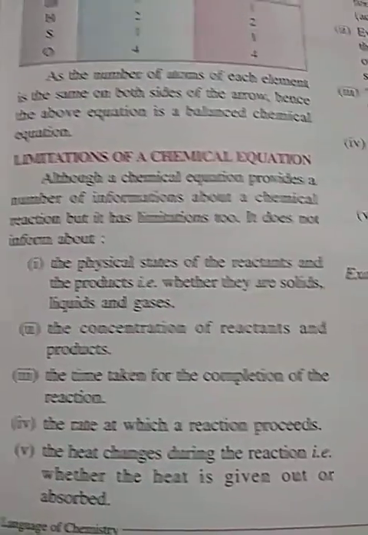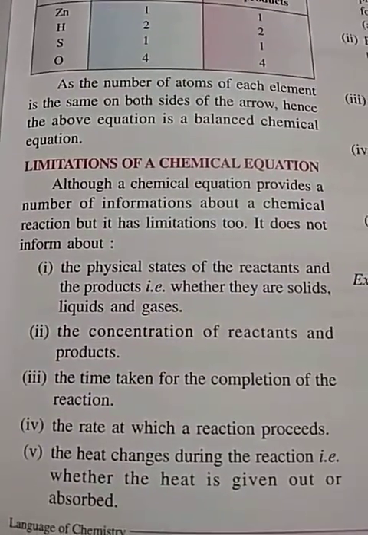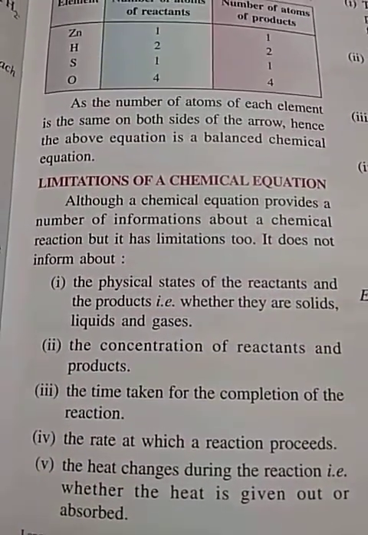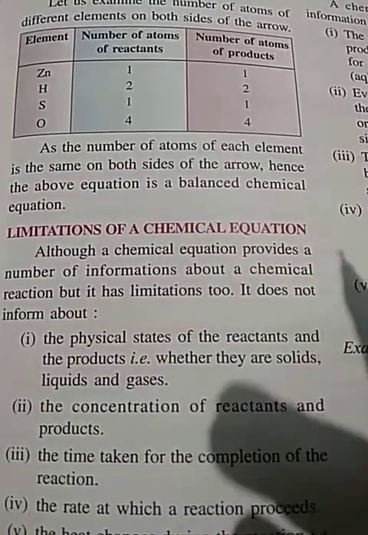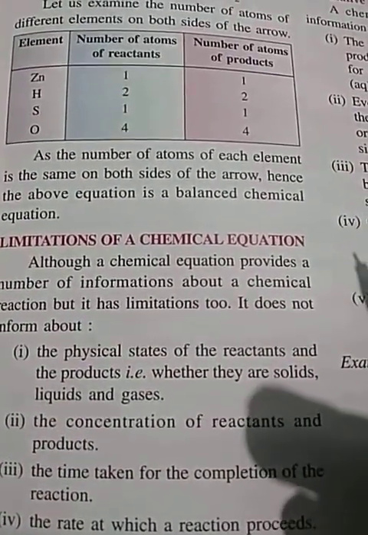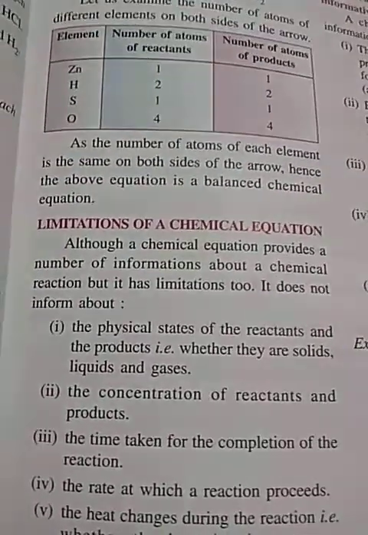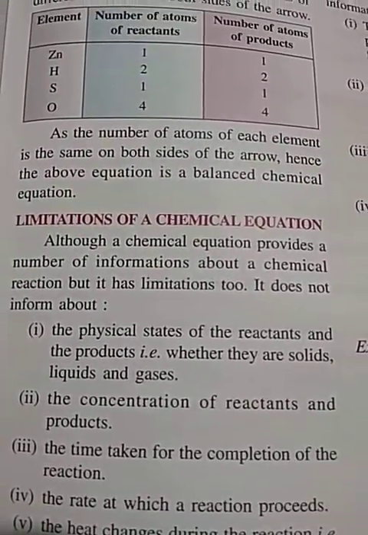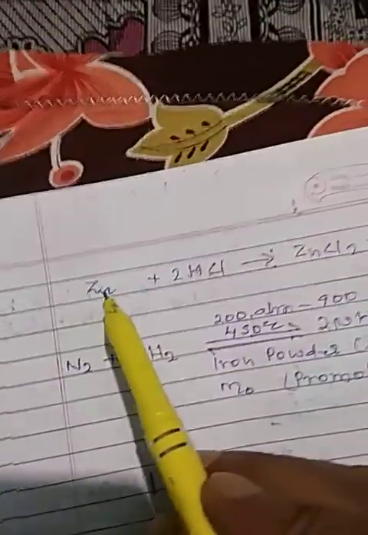Although a chemical equation provides a number of pieces of information about the chemical reaction, it has some limitations. What are the limitations? It gives a lot of information but does not give a lot of other information. These are the limitations, which we don't get from a chemical equation. What information don't we get? The physical state of the reactants and products. Here is the reaction.